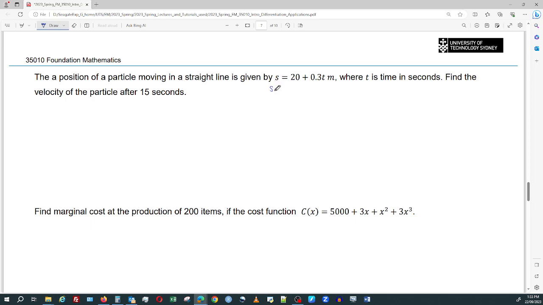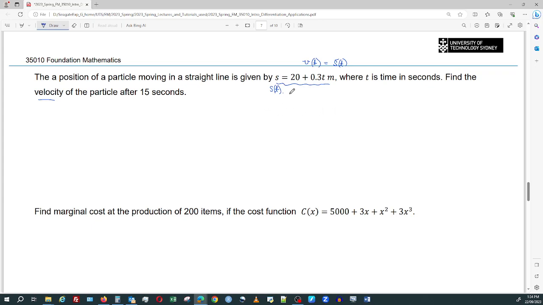That's S as a function of t. Find the velocity. So how do we do that? Well, velocity as a function of time is the derivative of displacement. So all we need to do is differentiate this displacement with respect to t, and remember this is a function of time, not meters, so be careful with that.